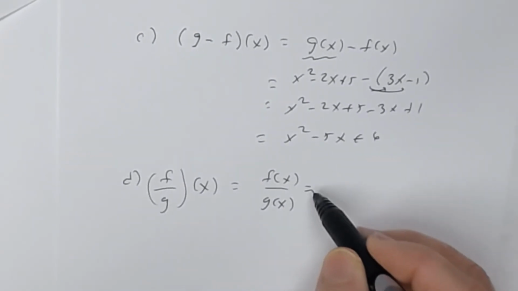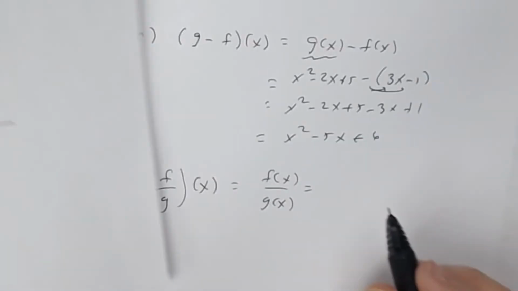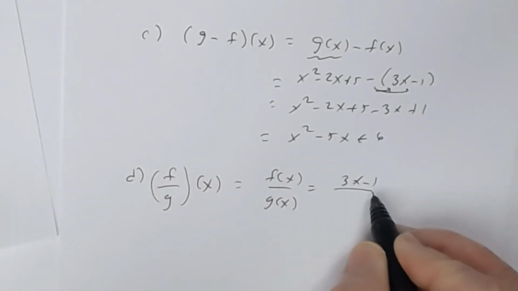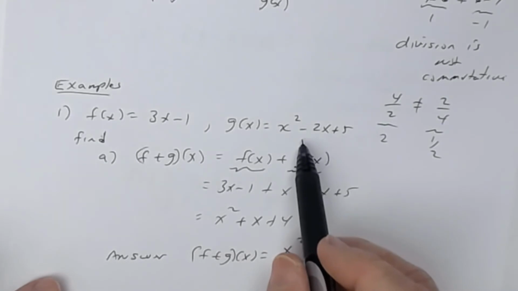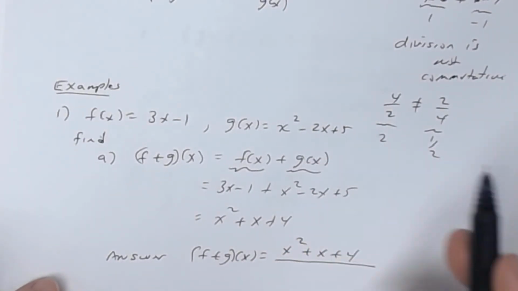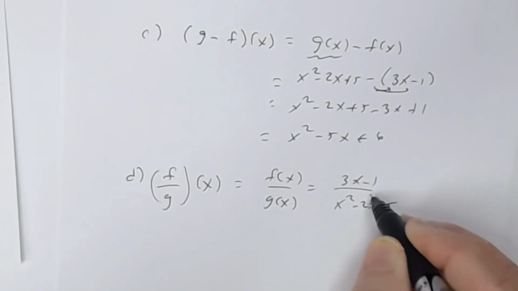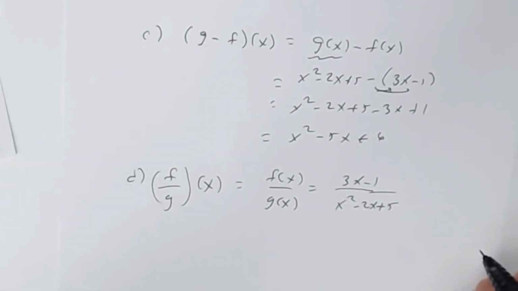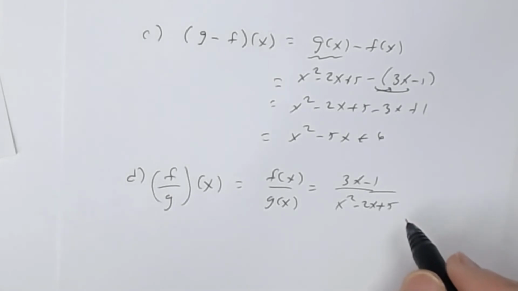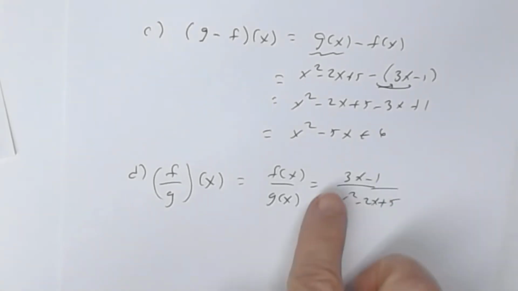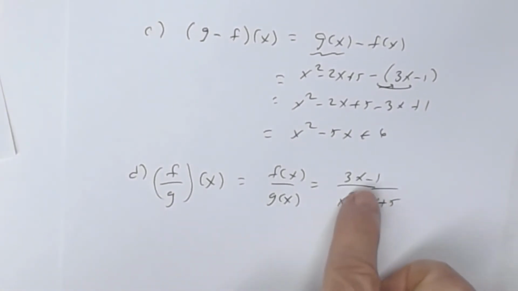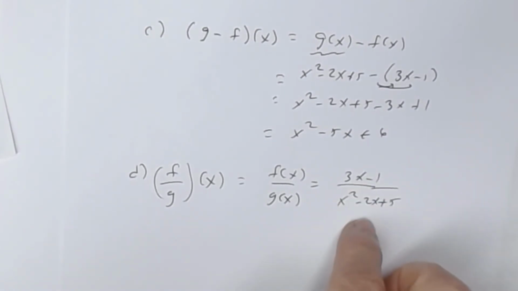Okay, well, f of x is 3x minus 1. G of x is x squared minus 2x plus 5. Okay? All right, now let me just say this. If you can factor anything, then go ahead and factor.